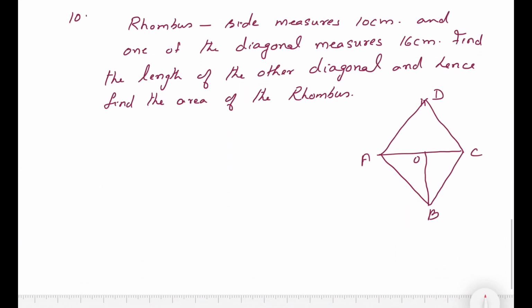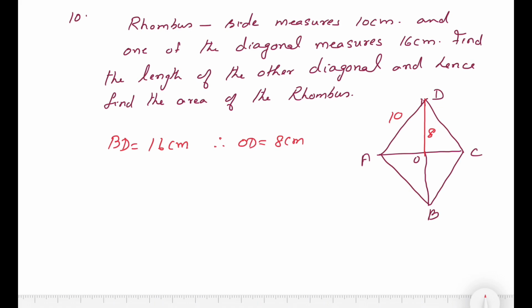The next question is, again ABCD is a rhombus, the side measures 10 centimeters and one of the diagonals measures 16. So I'll take this as 10. Any of the diagonals you can take. So I'm taking BD equal to 16 centimeters. Therefore OD is equal to 8 centimeters, for the same reason, diagonals bisect each other.